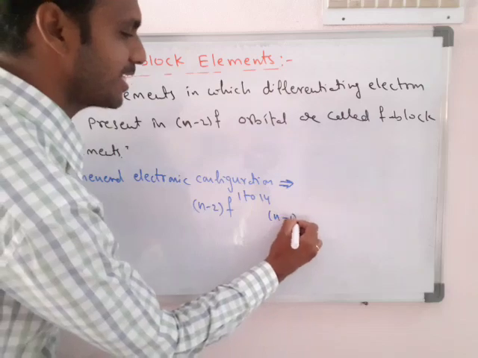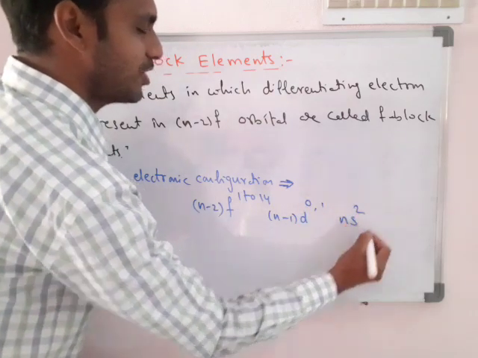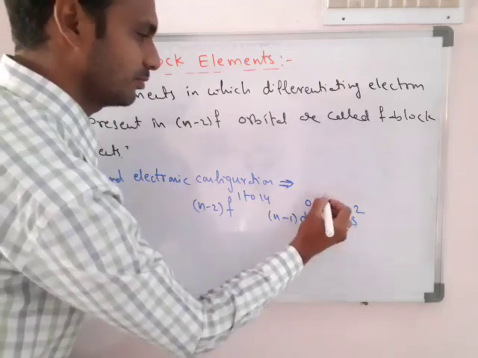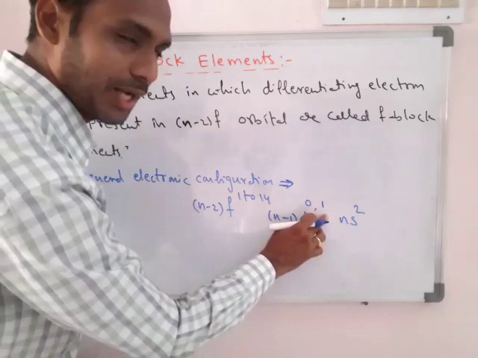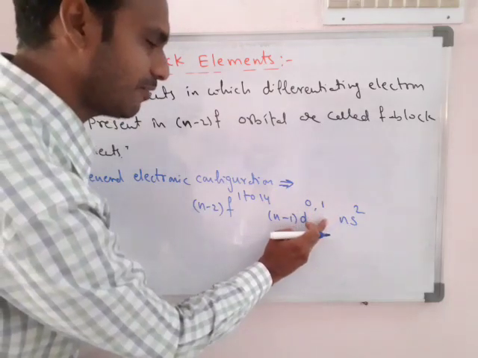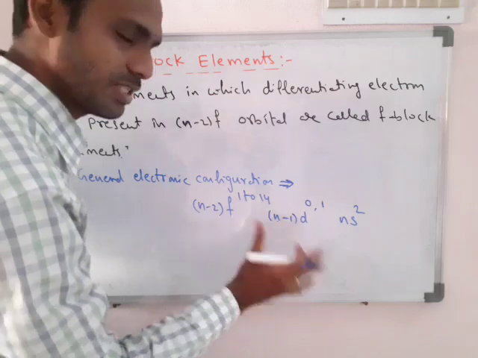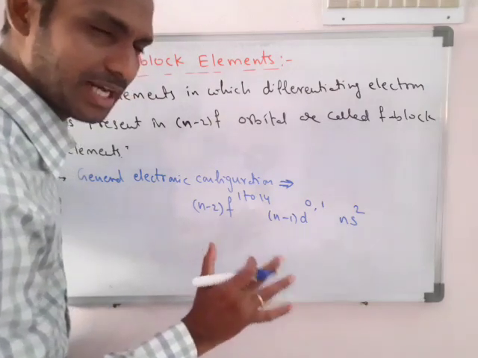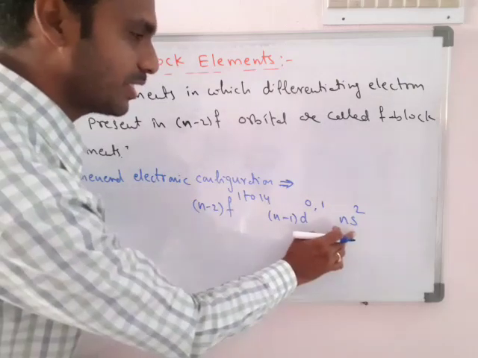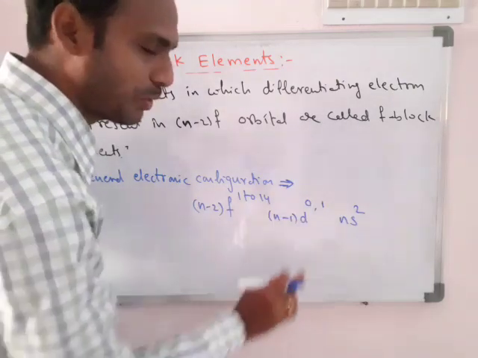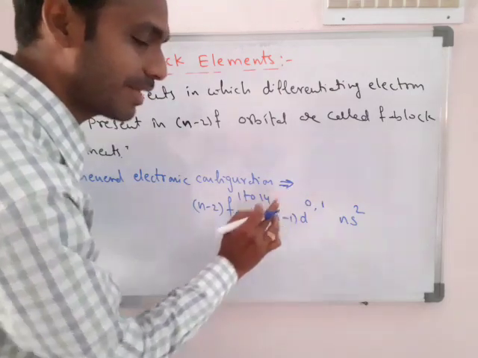Then n minus 1 d 0 or 1, and n is 2. Actually here n minus 1 d 1 should be there, so the configuration is ns2 n minus 1 d 1. The 0 also takes place in rare cases.